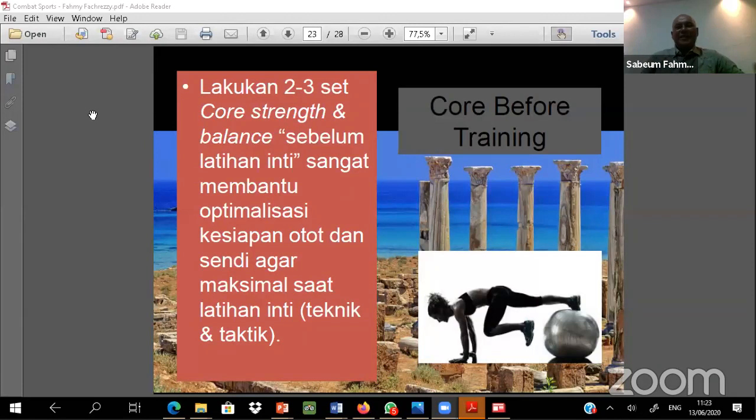Don't worry, this is not strength training proper, but only adaptation or preparation for your muscle. Give them two or three sets of core strength training before your training in the middle, or your technique or tactical training. Don't worry. And the next, strength after training.